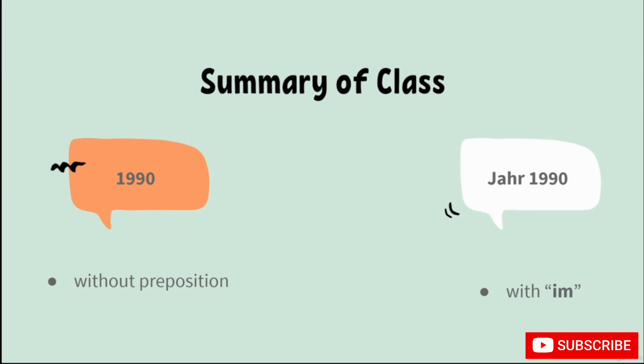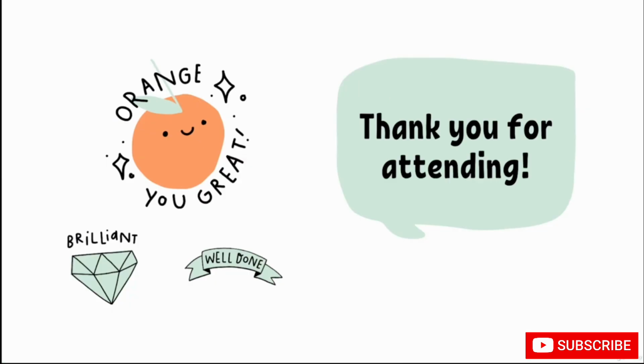One of them is only with numbers and the other one is with Jahr. When we don't use any name before the year, then we don't need any preposition. But when we are using the word Jahr, which means year in German, then we need to use the preposition im before that.